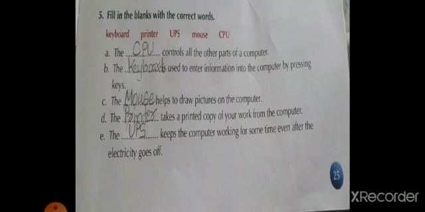The keyboard is used to enter information. C. The dash helps to draw pictures on the computer. So children, the mouse helps to draw pictures on the computer. D. The dash takes a printed copy of your work from the computer. So the printer takes a printed copy of your work from the computer.